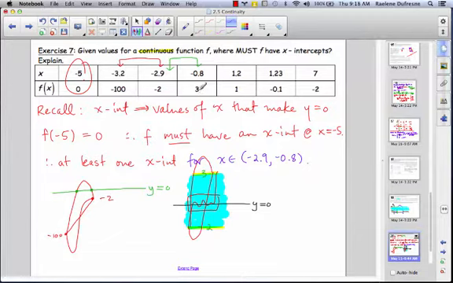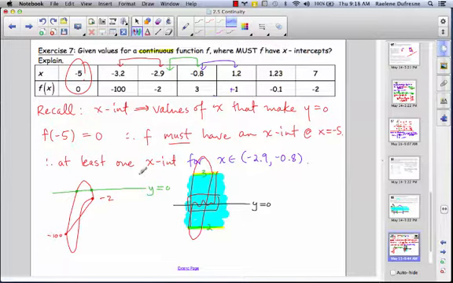Furthermore, we have no sign change in the y-coordinate from 3 to 1 when x is negative 0.8 to positive 1.2. Maybe y changes sign, maybe y equals 0, but maybe not, not for sure. When x goes from 1.2 to 1.23, y changes sign from positive to negative, and therefore y must take on every height between positive 1 and negative 0.1, including a height of 0.